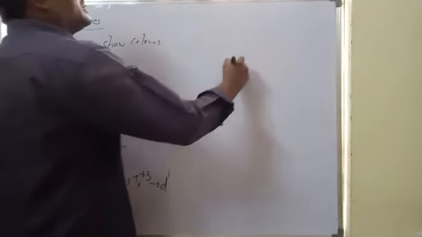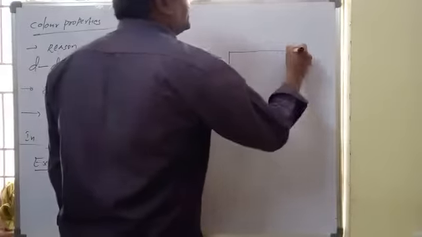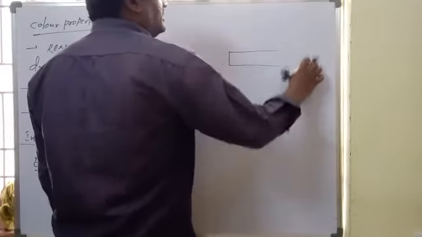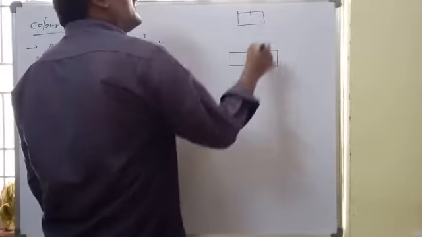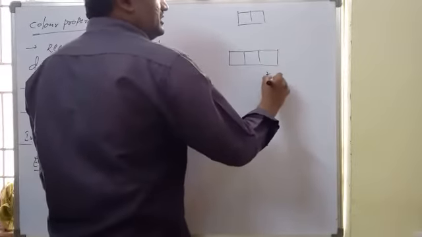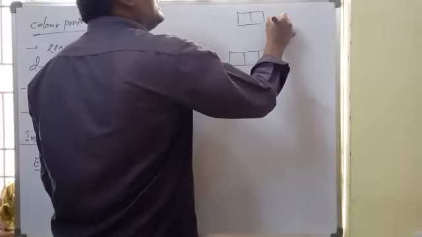In an octahedral complex, the d orbitals split into two sets: this is the t2g set and this is the eg set.